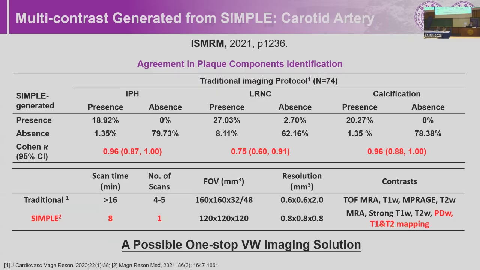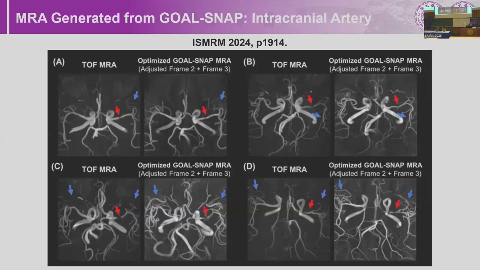They can identify the key plaque components pretty accurately, but with a much shorter scan time. So that means this could be a possible one-stop vessel wall imaging solution. And this is our initial attempt at intracranial vessel wall, intracranial artery imaging with our GoSNAP sequence.